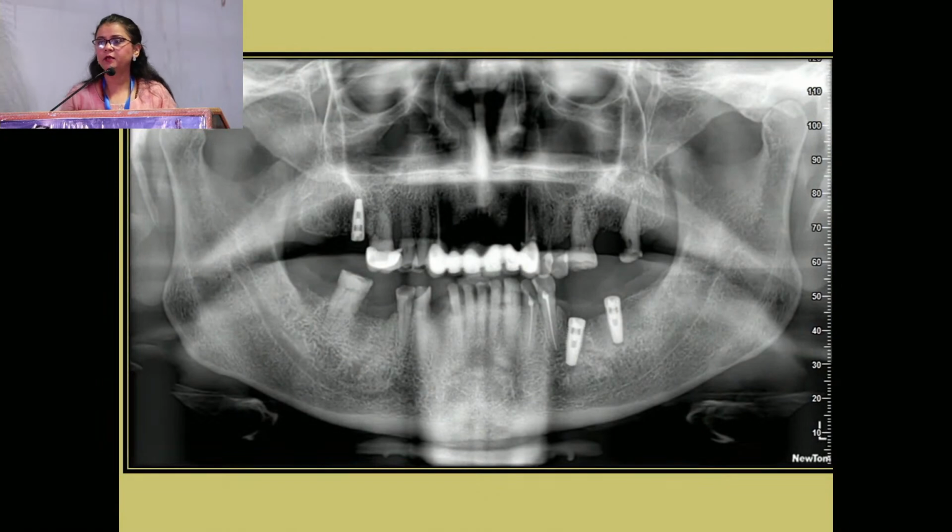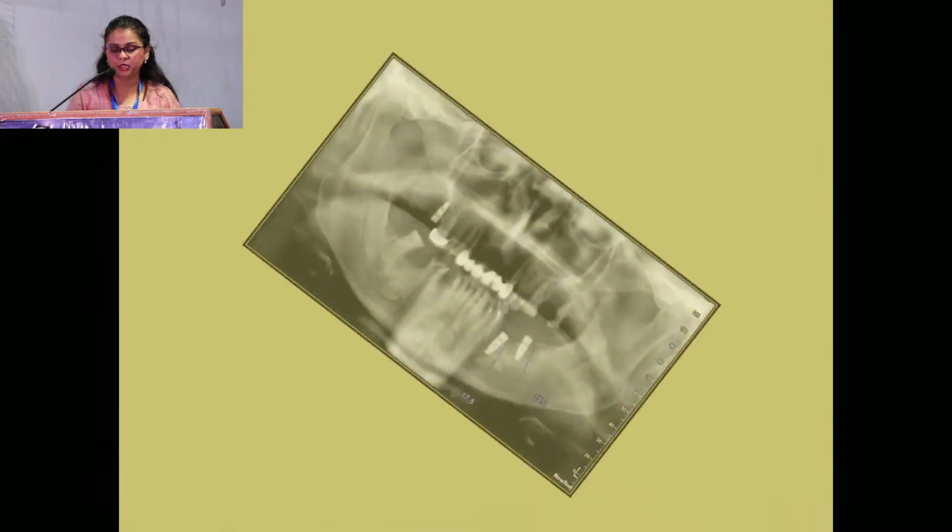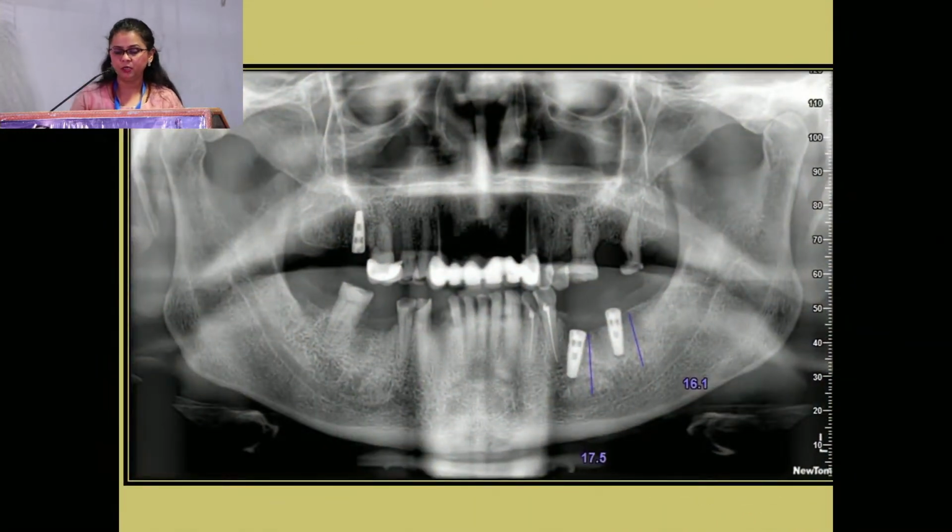Now this is the post-op taken after the placement of the implant. The implant is placed here, and after that I have done the measurement on the OPG, and I see the length of the implant would differ. Though it is a 2D image, there will be a distortion, there will be a little bit of magnification, but the success rate of the implant is dependent on the length.